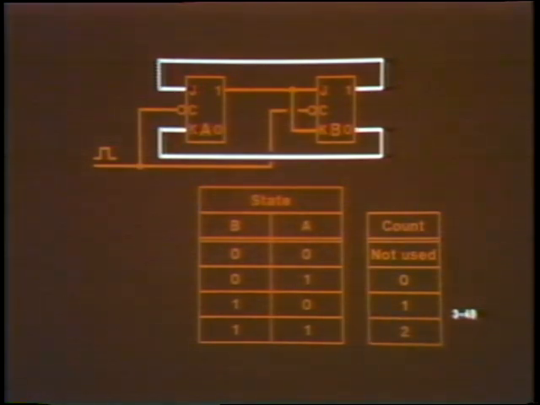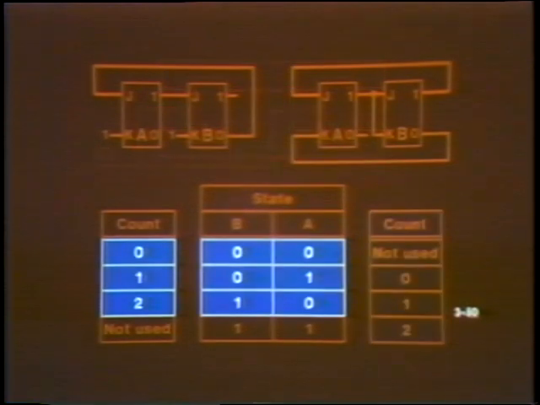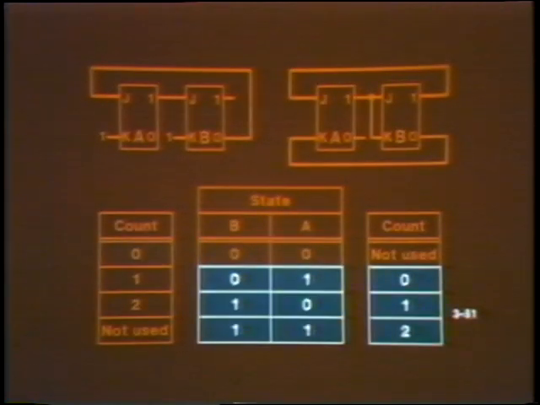This circuit illustrates that there is no inherent reason why a counter must follow the natural counting sequence. It is often the case that the natural counting sequence is the easiest and simplest to implement. But it is quite possible to have alternative counting sequences.